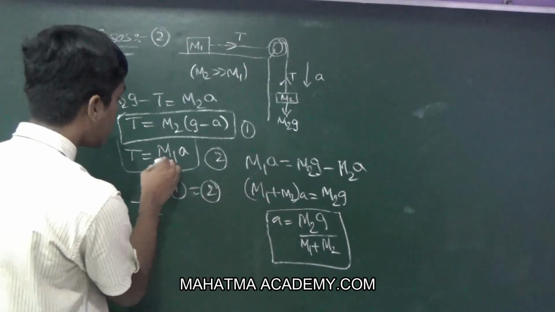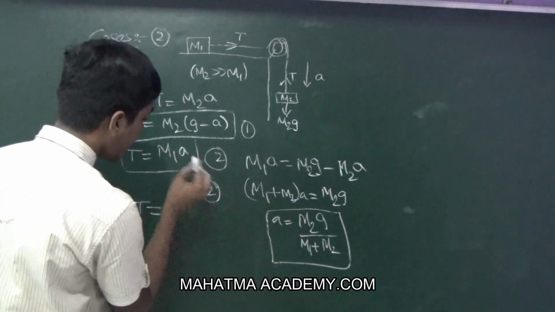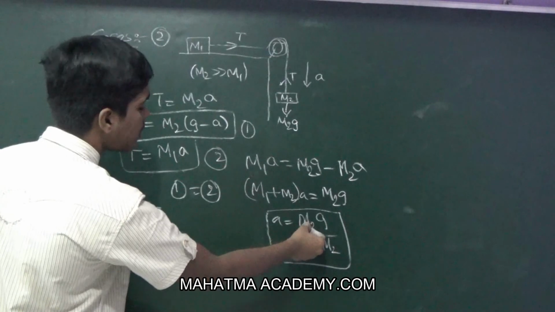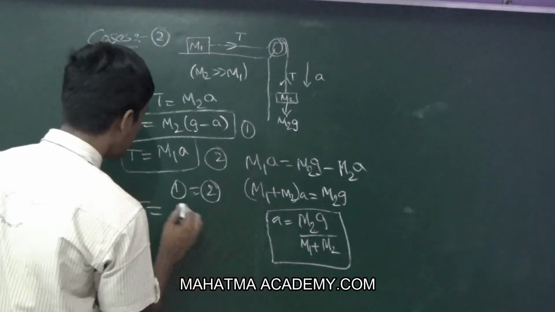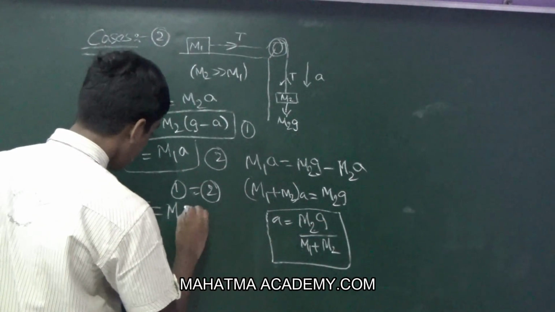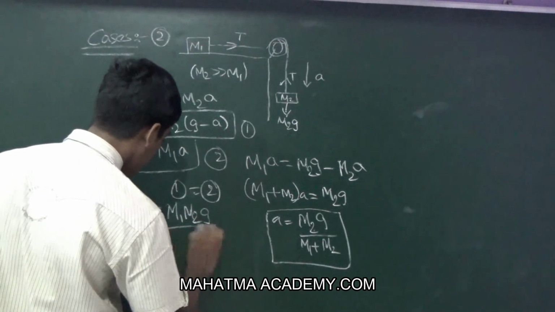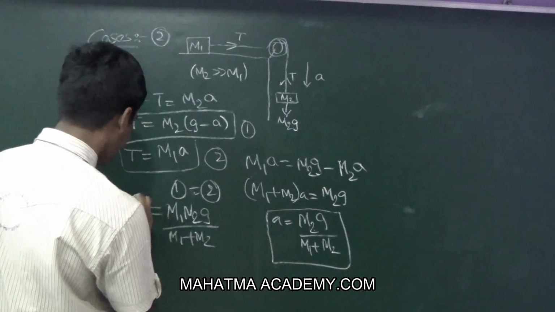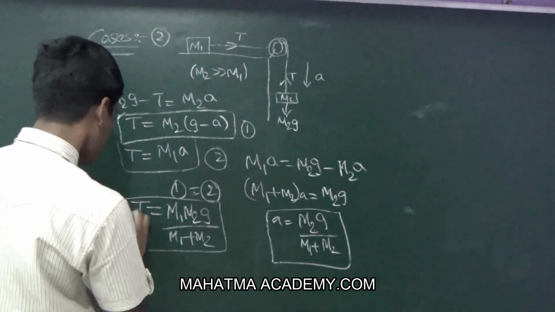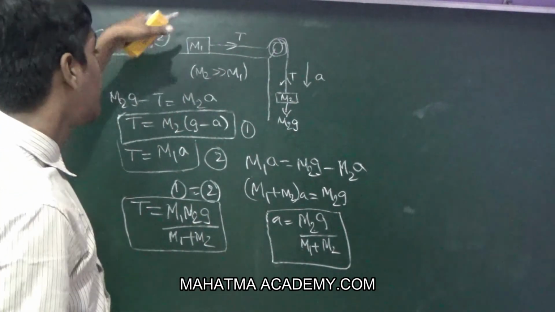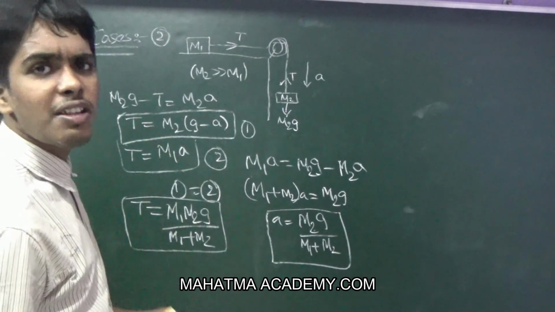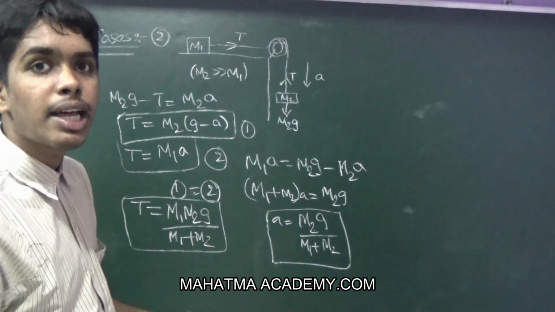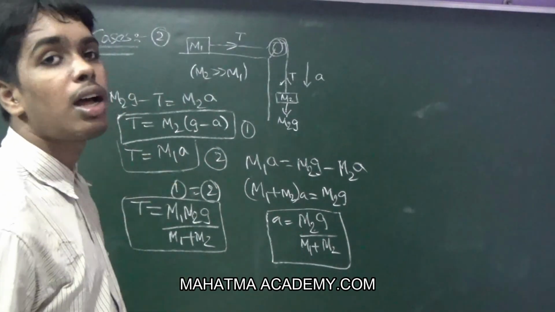If you substitute a, we get m1 m2g upon m1 plus m2. This is the second case, because here there is no friction. If friction is present, we will discuss it in the friction chapter.